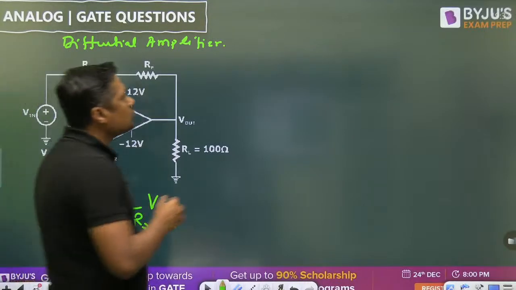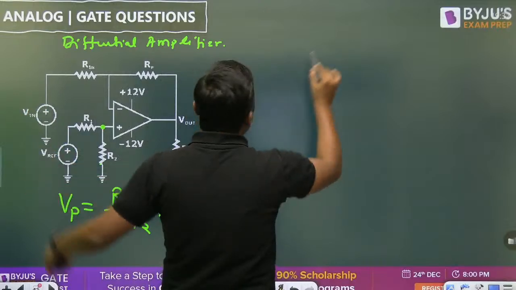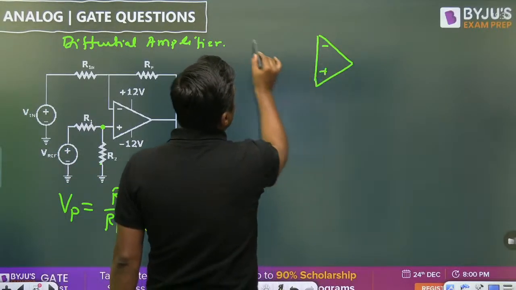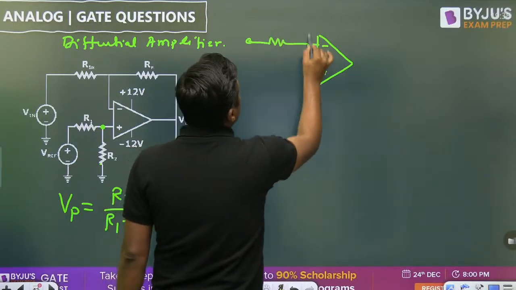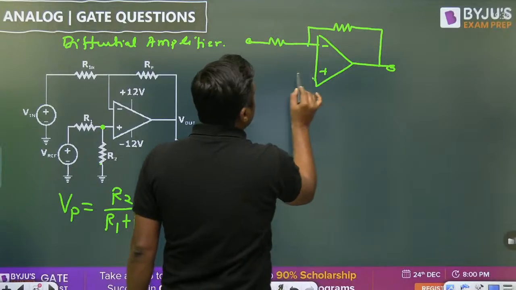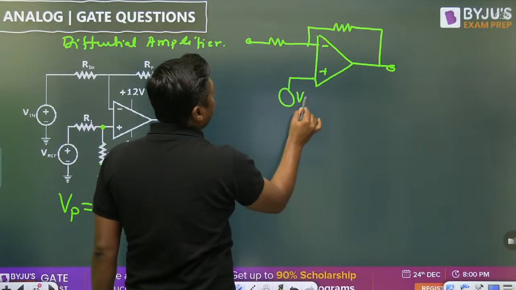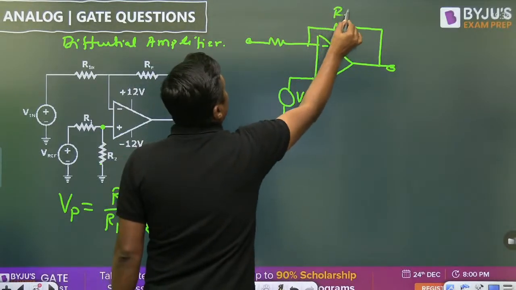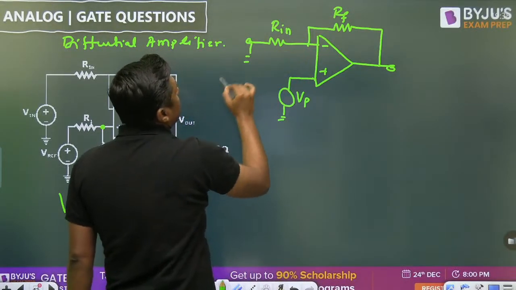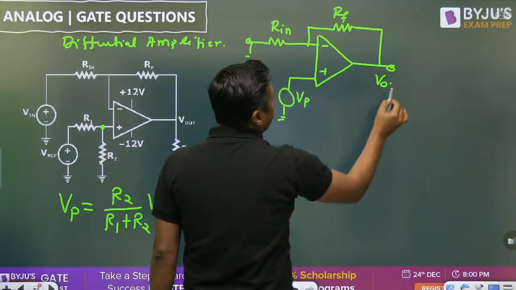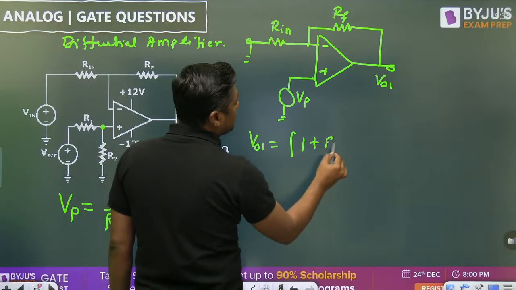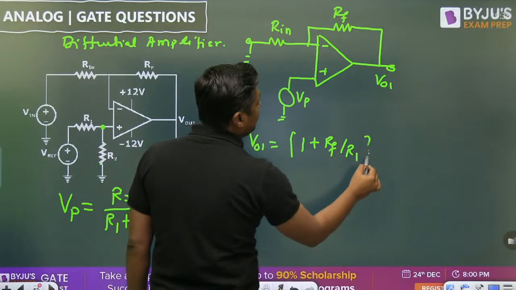When we are applying the superposition theorem, first of all, make V in equal to 0. When we make V in equal to 0, at this point we get the VP. This is RF, this is R1. Because of this, V naught 1 will become 1 plus RF by R1 into VP.